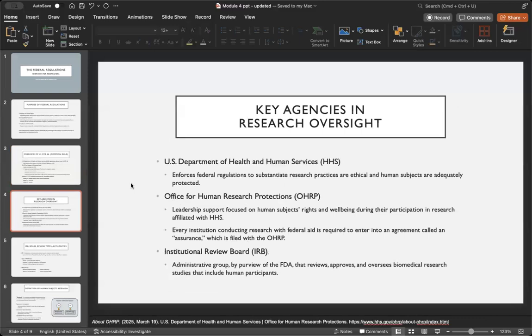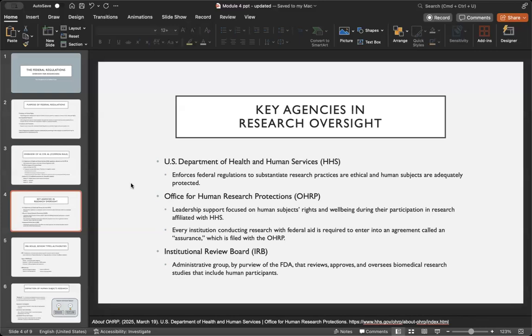Several key agencies play a role in enforcing and overseeing federal research regulations. So HHS enforces these regulations essentially to ensure that research, again, is being conducted ethically and that human subjects are always protected. Within HHS, the Office for Human Research Protections, or OHRP, provides leadership and oversight related to human subjects protections.